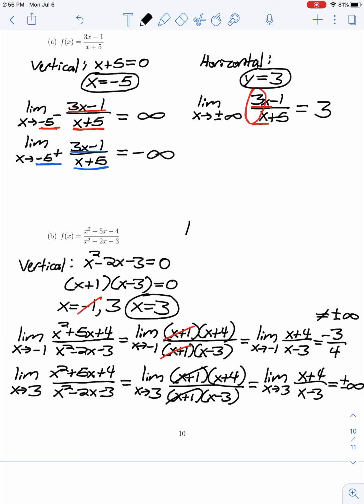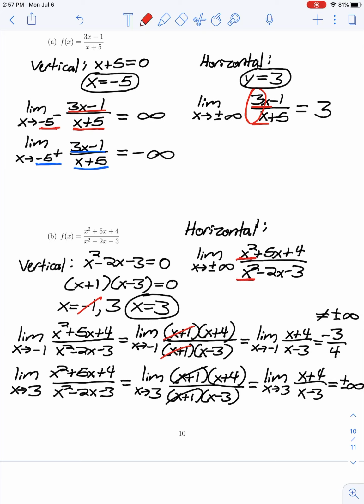And to determine horizontal asymptotes, we would need to consider the limit of our function as x approaches positive or negative infinity. So in this example, we see we have an infinite limit of a rational function, and the highest power of the numerator is the same as the highest power in our denominator.